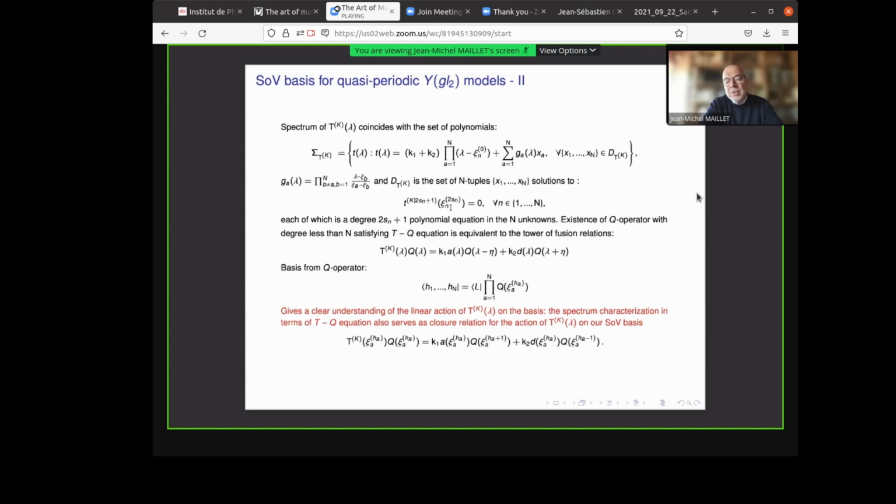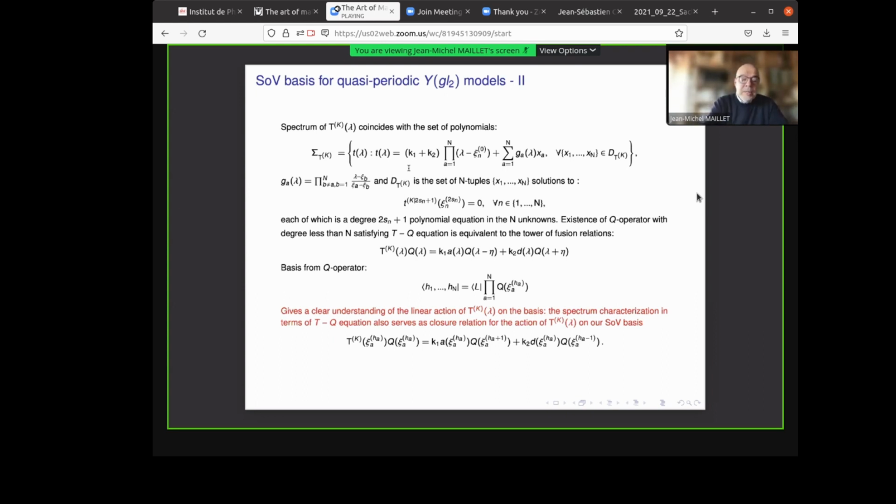You see those polynomials, they are just functions of the unknowns x_1 to x_n. So you get high order 2S_n+1 equations. Eigenvector should satisfy this equation here, but conversely, any T(lambda) here with a specific asymptotic value gives an eigenvector.